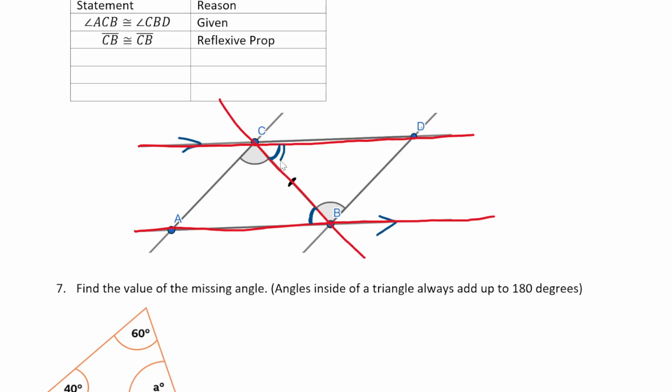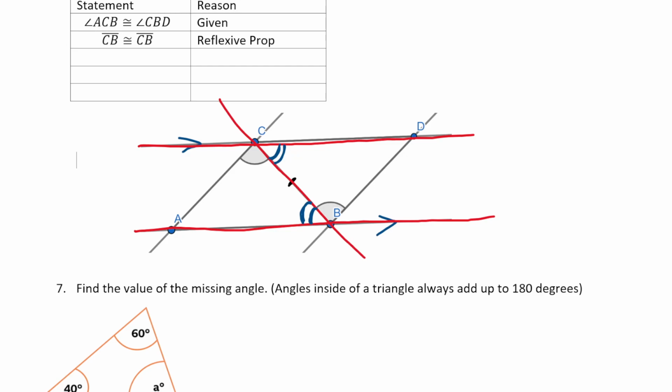And let me put double arches because the given statements, this one and this one, already have one arch. So let me put double arches for these angles. Okay, so that means this angle is the same as this angle. Let me write that.